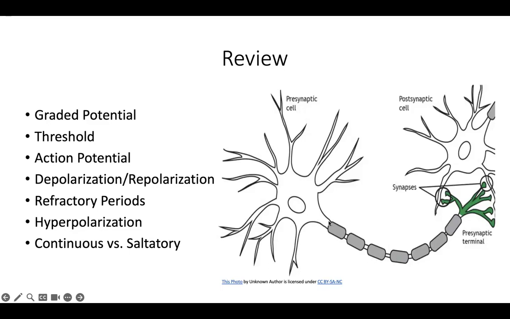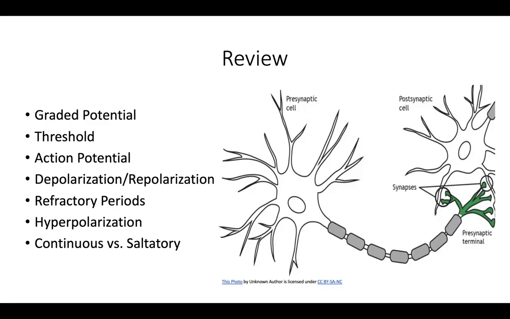If this absolute refractory period wasn't here, these sodium ions may enter the channels that are behind them that they just came out of and end up sending this impulse back up into this neuron. But because of that absolute refractory period, we ensure that that doesn't happen.